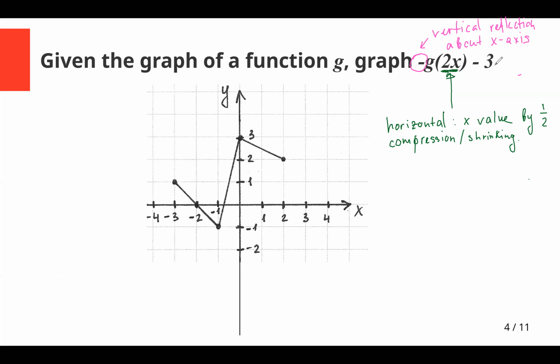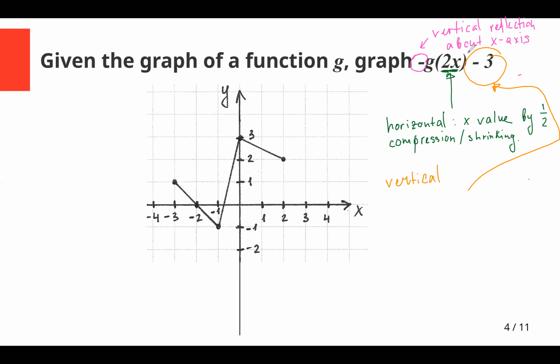Now this one I will do at the end because it's a vertical shift. It's easier to me to do the vertical reflection first and then the shift. So now the last one, it's a vertical change.